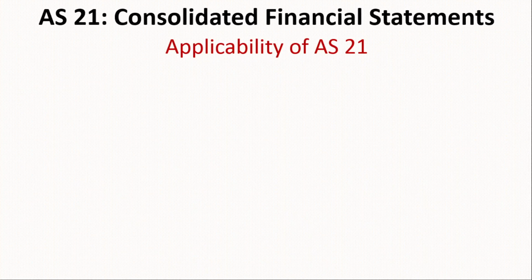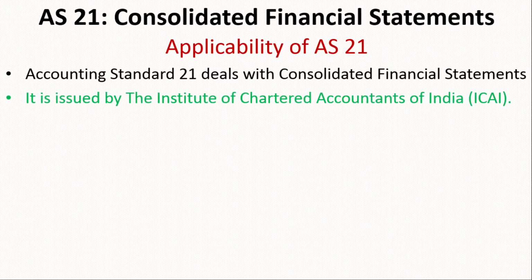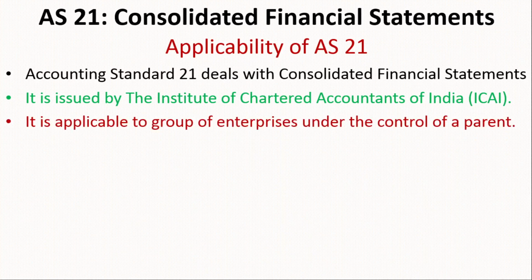Now let us concentrate on AS21, that is consolidated financial statements. Its applicability is there. Accounting Standard 21 deals with consolidated financial statements. Second, it is issued by the Institute of Chartered Accountants of India, that is ICAI, which is very well known now. All of you should be aware of this ICAI. Then it is applicable to a group of enterprises under the control of a parent.